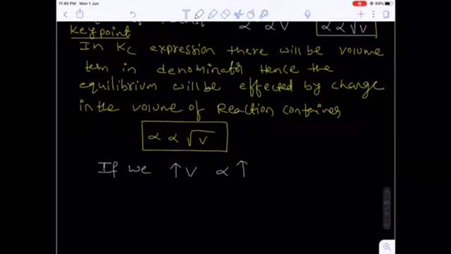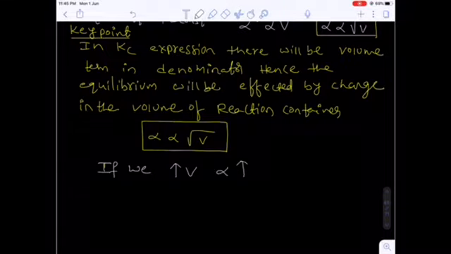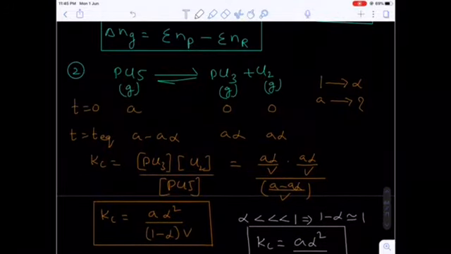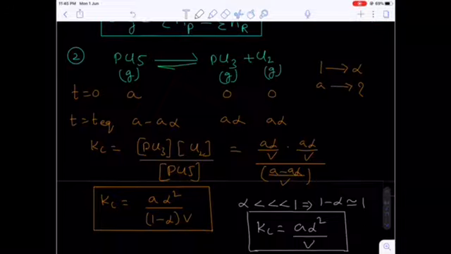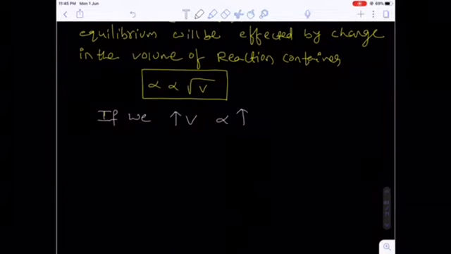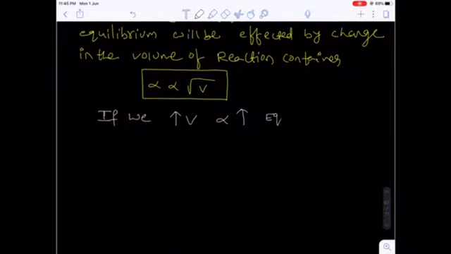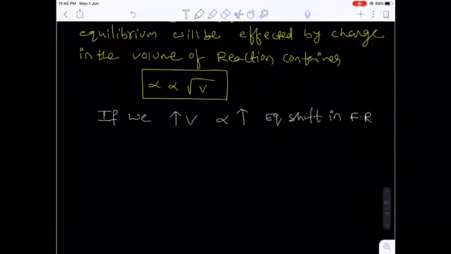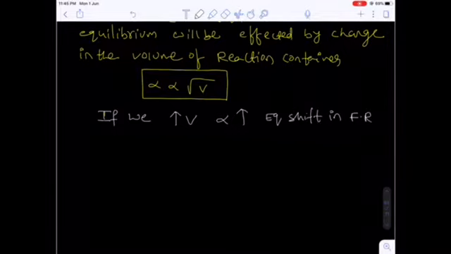Alpha also increases, the alpha value increases. When the alpha value increases, the equilibrium shifts in the forward direction, because more moles of PCl5 will decompose. That means PCl3 and Cl2 will be formed. That means the equilibrium shifts in which direction? Forward direction. This is a very important objective question.